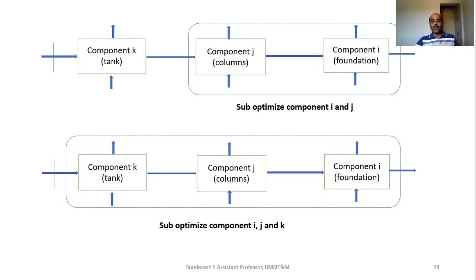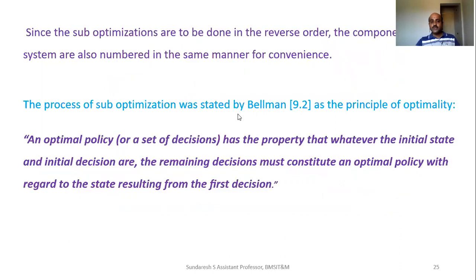Sub-optimization of each component finally leads to the optimization of the entire system. Therefore, since the sub-optimizations are to be done in the reverse order, the components of the system are also numbered in the same manner for convenience.